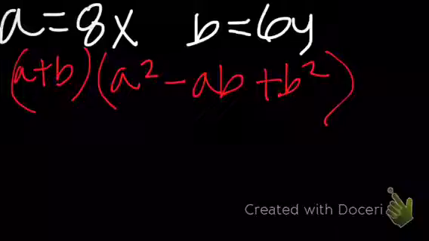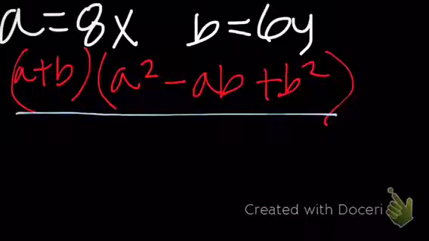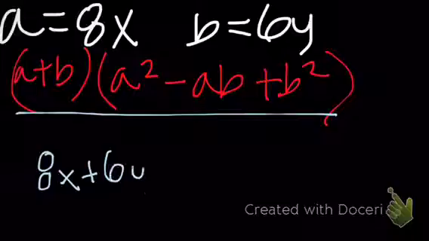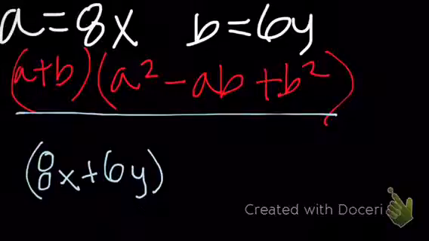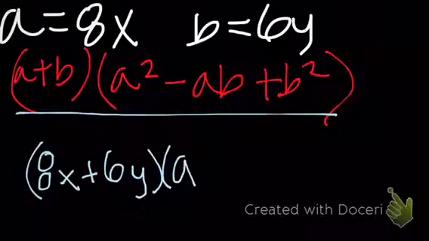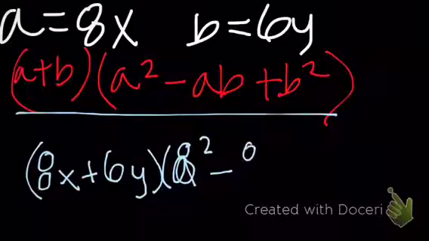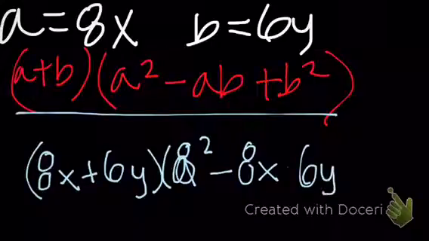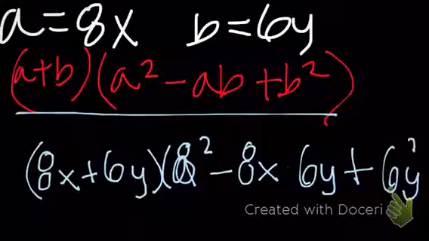So now that we found our a and b, which is our 8x and our 6y, we're going to plug that in to our equation, and we're going to get 8x plus 6y, open parentheses, and then do 8x squared minus 8x times 6y plus 6y squared.